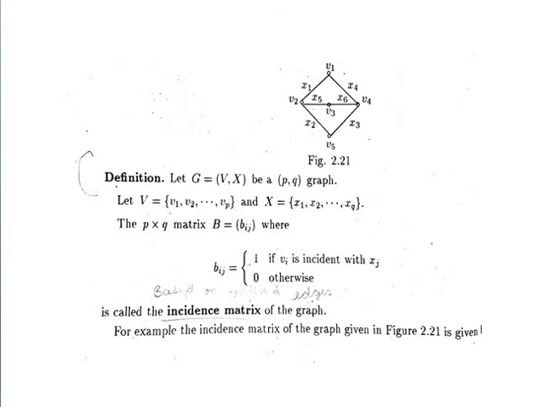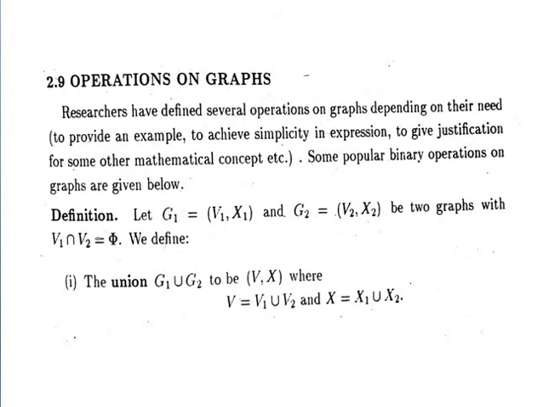Then the p cross q matrix B equal to bij, where bij equals 1 if vi is incident with xj and 0 otherwise, is called the incidence matrix of the graph. There are some interesting facts about the adjacency matrix and the incidence matrix. Now we move on to the operations on graphs.